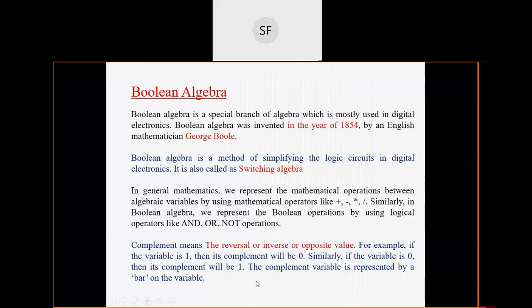Since there are only two values, the opposite of one will be the other. The complement of a variable is generally represented by a bar. Suppose a variable A is there, then its complement is represented as A bar. This is the denotation. It's just basics regarding Boolean algebra, nothing more.